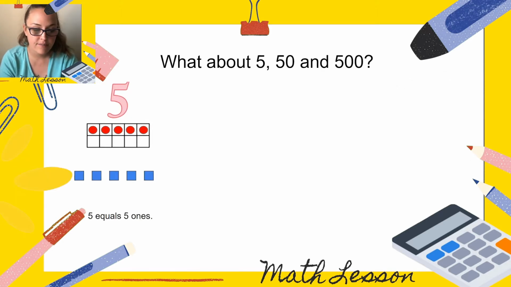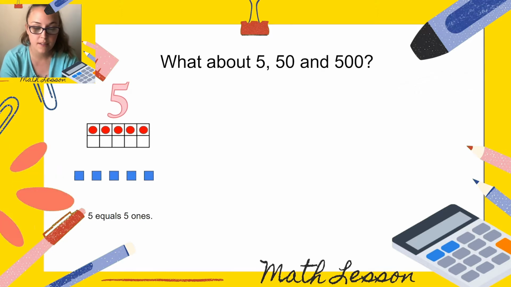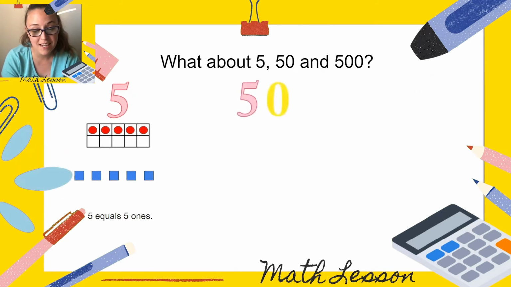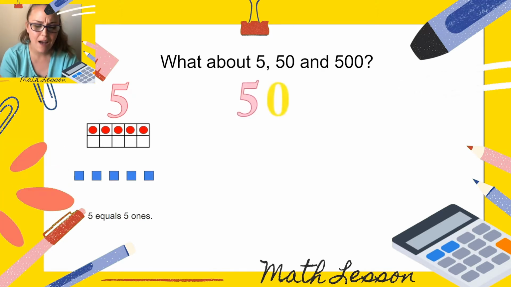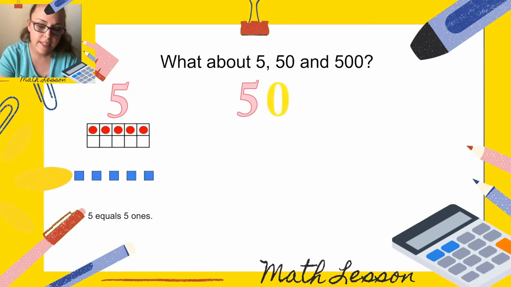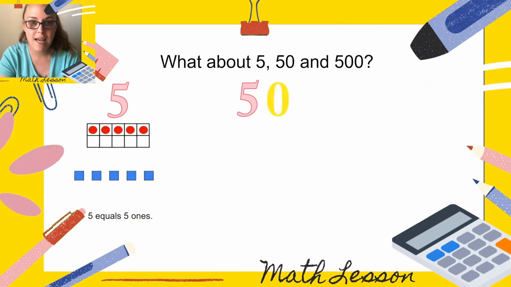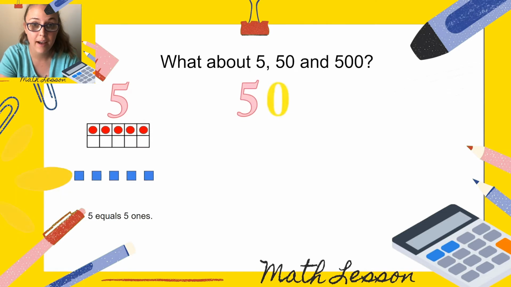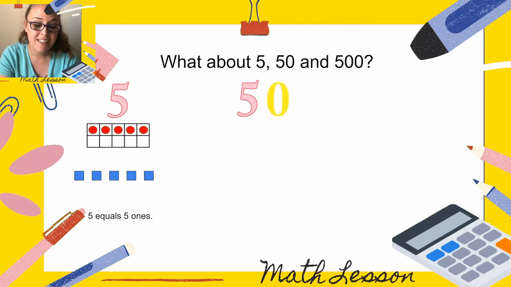And here you can see 5 modeled in a 10 frame and with base 10 blocks. We're going to need that to compare 5 to what's next, 50. How is 50 different? Yes, it has a 0, but what does that 0 do to the 5? Well, instead of being 5 ones, now we're dealing with a different place value.